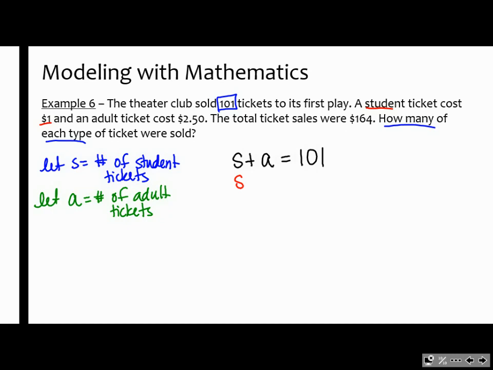I'm going to just write that as S instead of writing it as $1 times S. So if I buy 1 ticket, it's $1, 2 tickets, $2, etc. You don't need the coefficient for that. But you do need the coefficient for the A. So S plus $2.50, 2.5A. So multiply the adult tickets by $2.50 and then add the cost of the student tickets. It gives us a total of sales, 164.